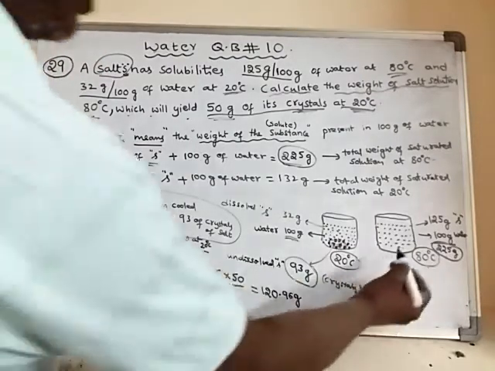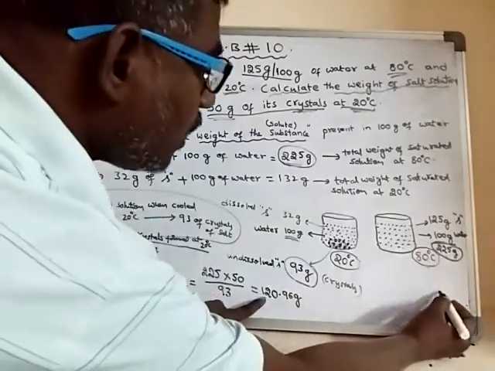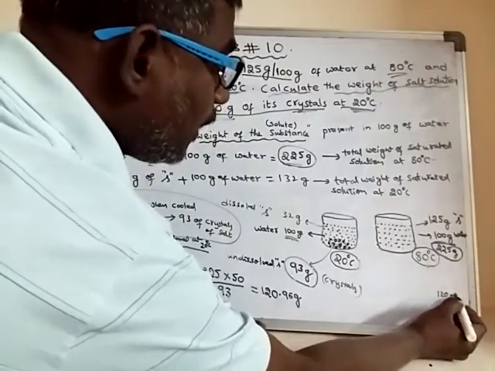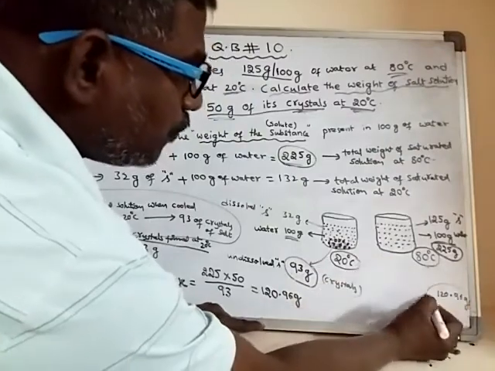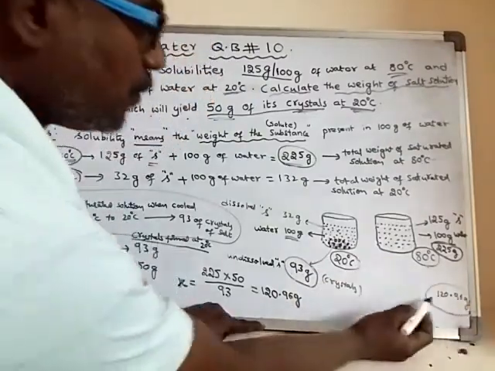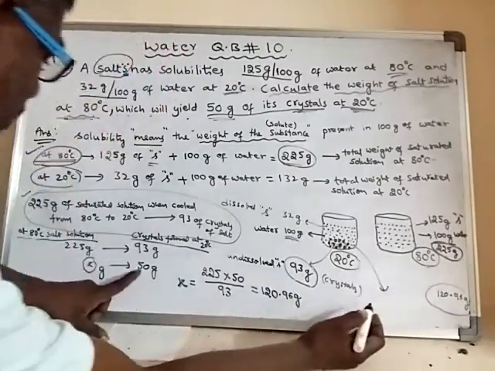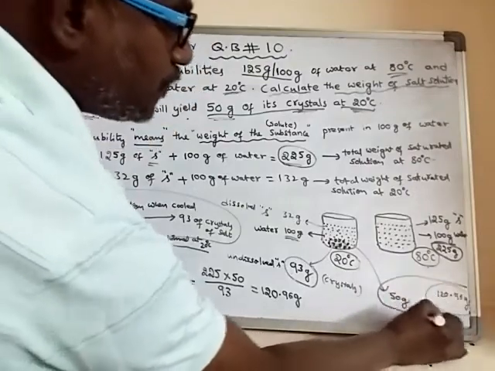Suppose instead of 225 grams, you take 120.96 grams of the solution, then the crystals yield will be 50 grams only. So this is the data.